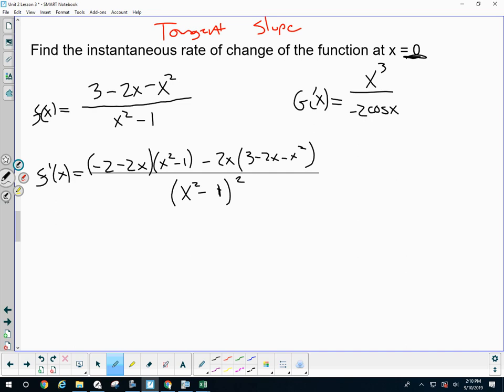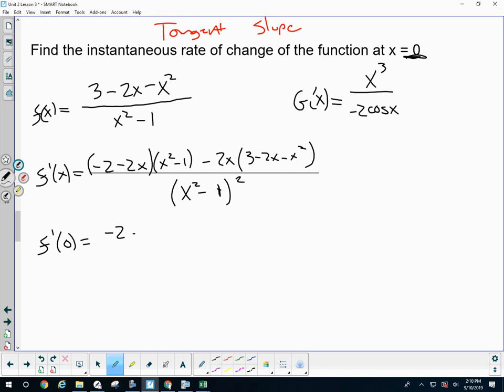It might be like a quiz test question that would ask me not for the tangent slope generator, but for a specific tangent slope, which means I'm not going to simplify this because I just want to figure out what the tangent slope is at 0. I'm going to skip the simplification knowing that it's very easy for me, and I know I won't make any mistakes if I just plug in 0.